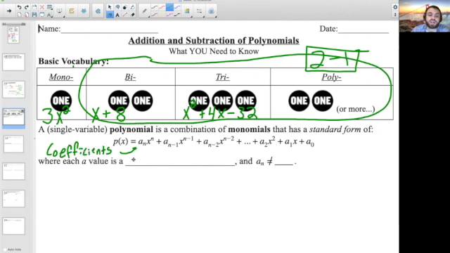Each a value or coefficient is supposed to be a real number. And we generally say that the leading coefficient is not equal to 0, because if it was, we could get rid of it and rewrite it starting at the next power of x. So it's just kind of a definition, and that's what you need to know there.